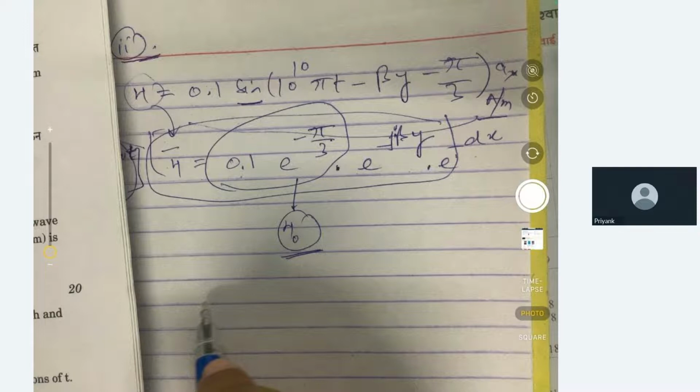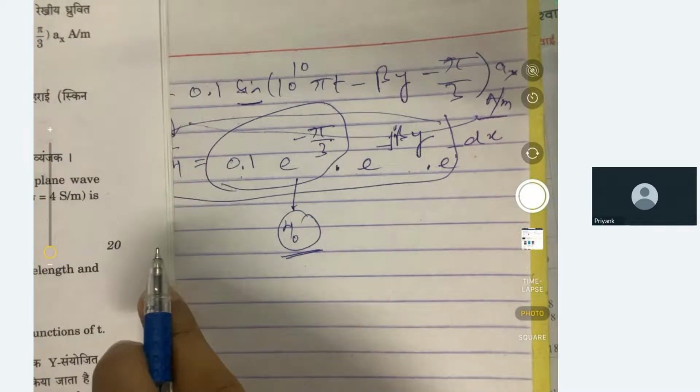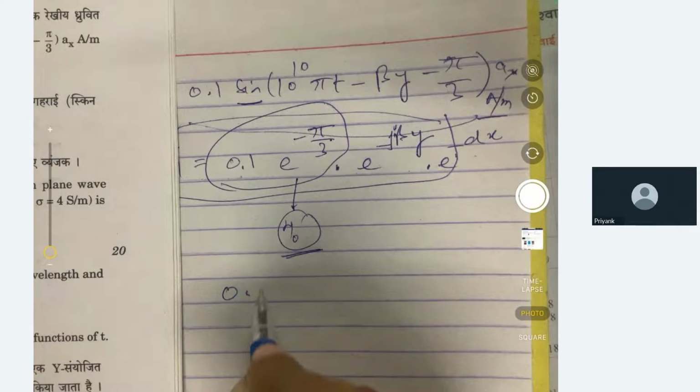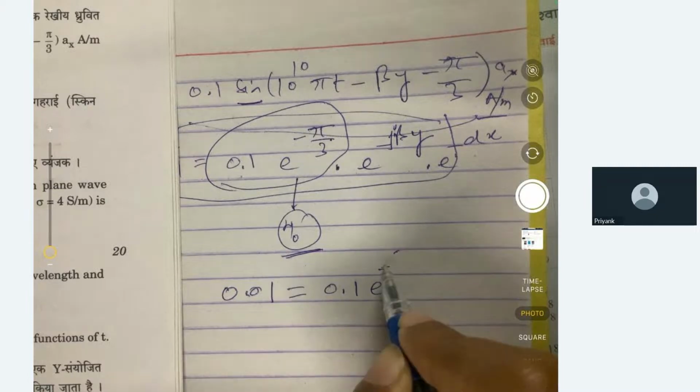they are saying at what location the magnitude will be 0.01. So 0.01 is equal to 0.1 e raised to the power minus αy.